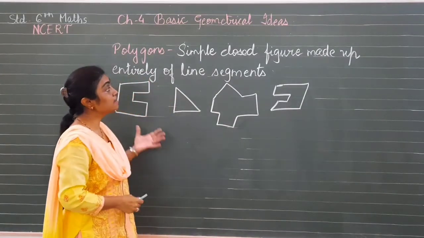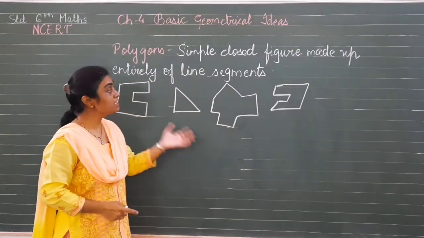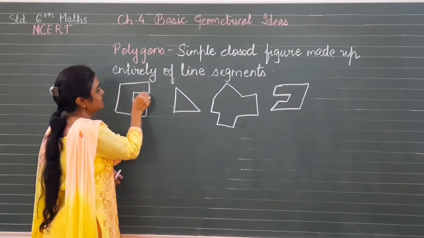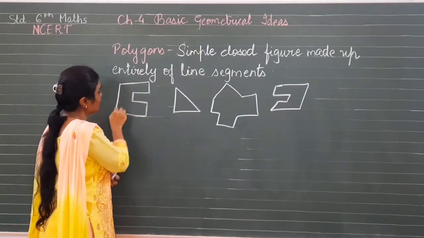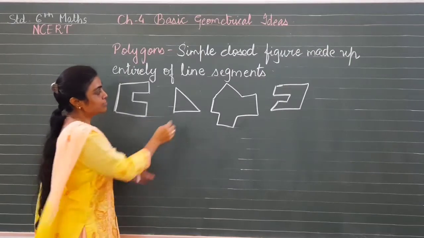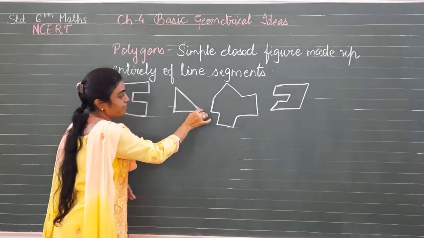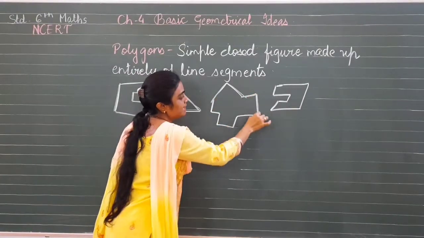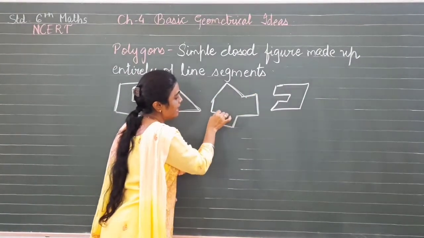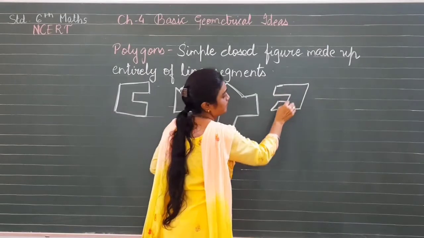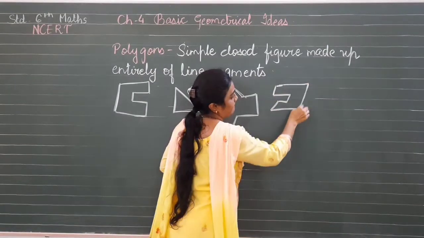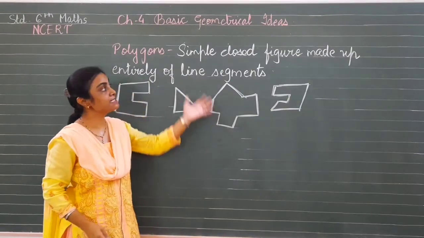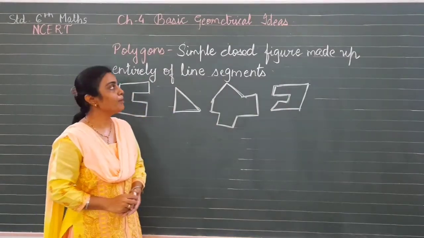So these are the simple polygons which are made up of only line segments. So these are the line segments and it is closed. So this is the shape of a triangle. This is also a polygon which is made up entirely of line segments. All these are made up of line segments. They are said to be polygons.